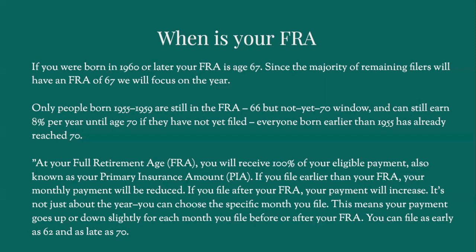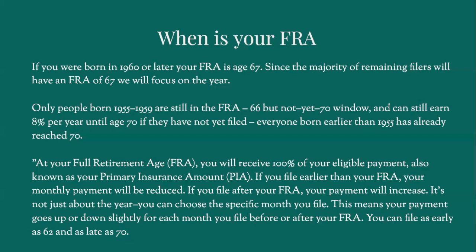So at your full retirement age, your FRA, that's when you get 100% of your eligible payment, which is also known as your primary insurance amount. It's kind of synonymous. Your PIA and your FRA are kind of the same thing, as when you hit 100% of what they're going to give you. If you file earlier than your FRA, your monthly payment will be reduced.